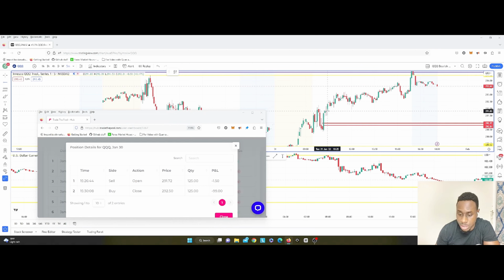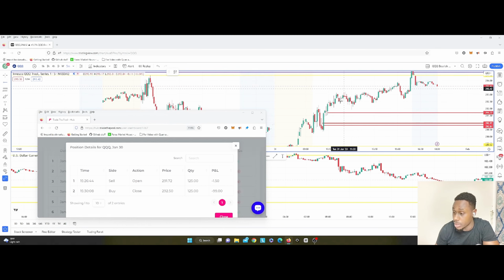Okay. So 10:25 candle. Opened it at 29172, and I closed it.